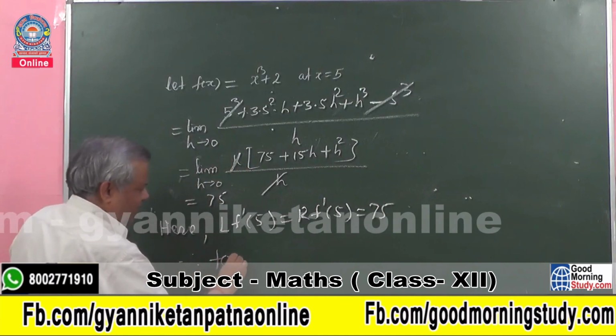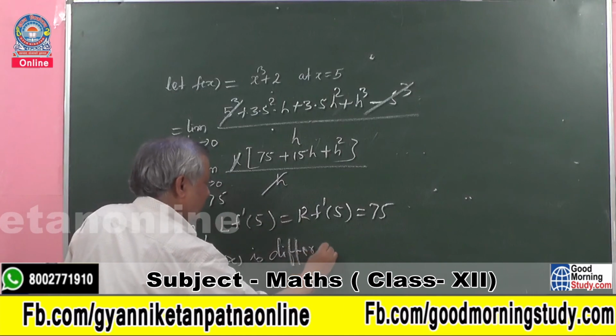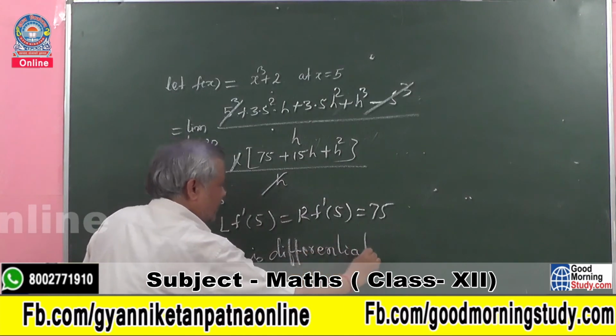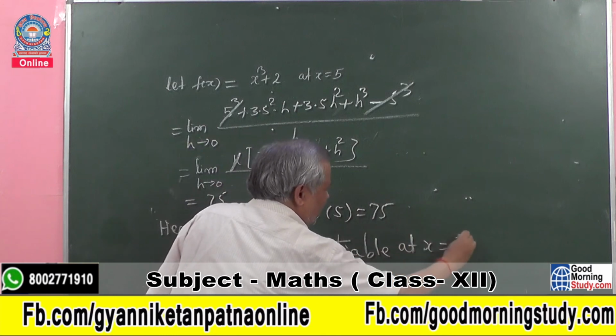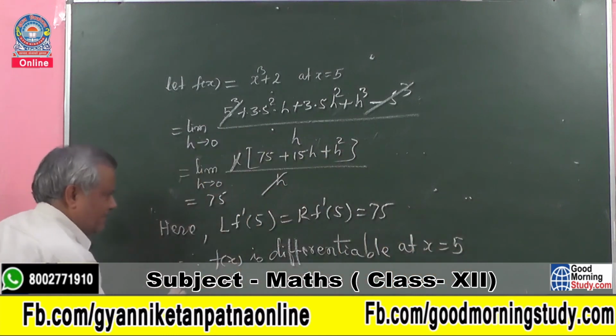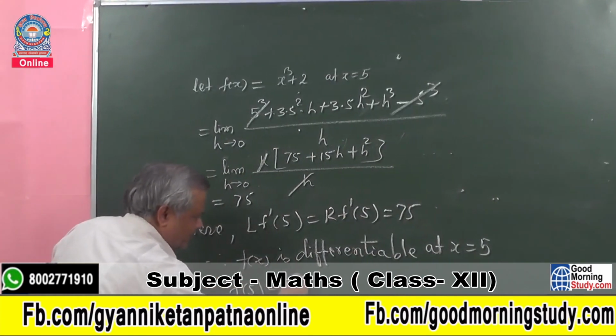Therefore, f(x) is differentiable at x is equal to 5, and the derivative obtained, that is f dash 5, is equal to 75.